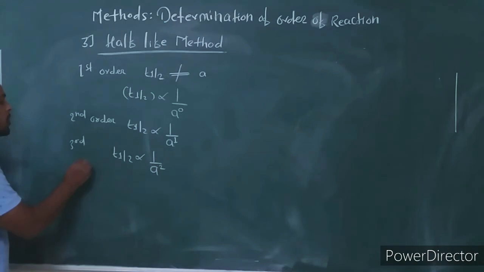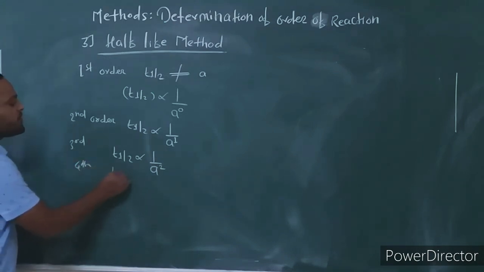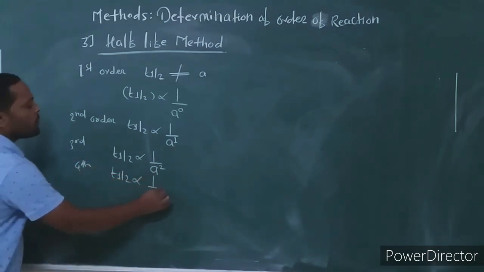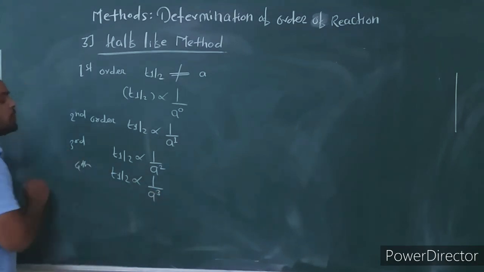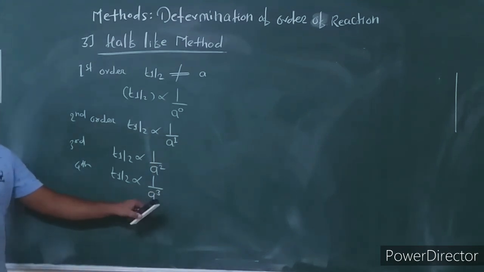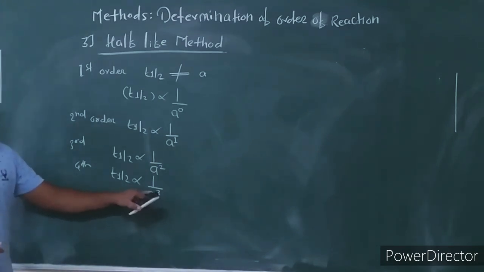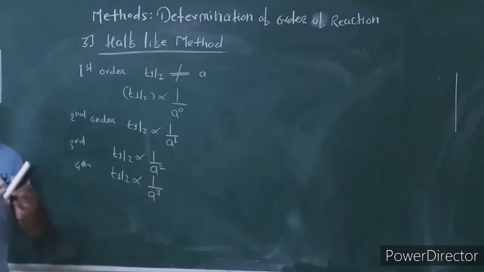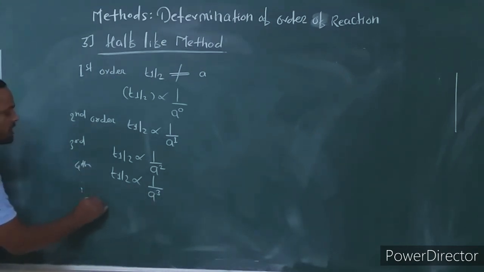Similarly for the fourth order, half-life period is inversely proportional to the cube of the initial concentration, or the initial concentration having the power 3.